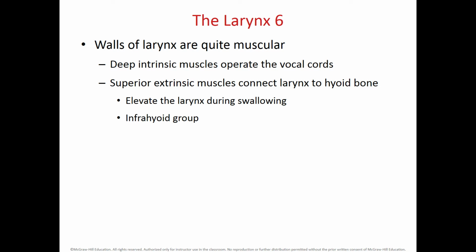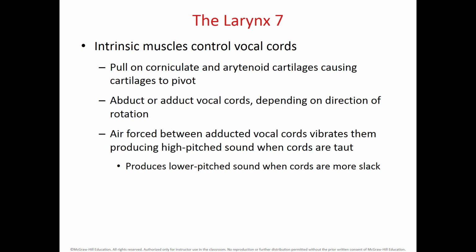And the way that we produce voice is by passing air through these vocal cords, tensing these vocal cords, and vibrating these vocal cords. So one of the functions of these muscles of the larynx will be to pull on the corniculate and arytenoid cartilages so you can pivot them, and then you can abduct or adduct your vocal cords, and you can produce different pitches of voice.